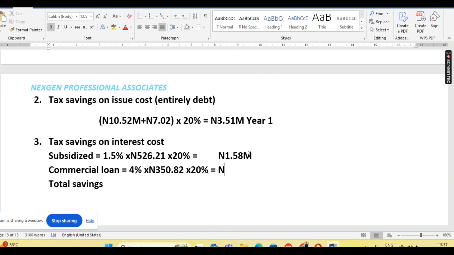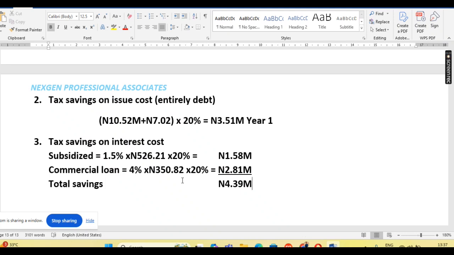Next, what do you have? 2.8064. Right? So what is the addition? If you like, you can use the full amount. Fine. So what is the tax savings, the total? 4.39.